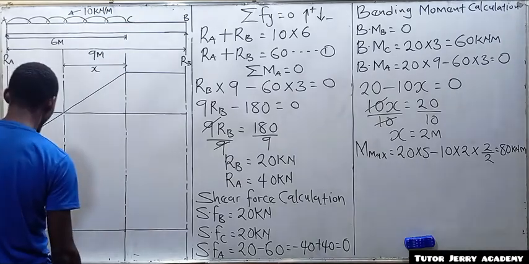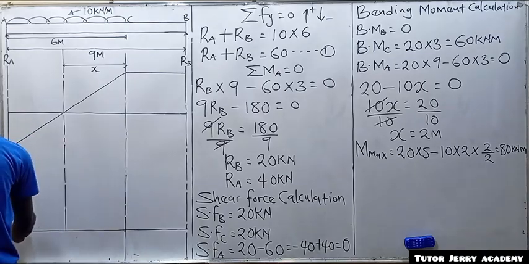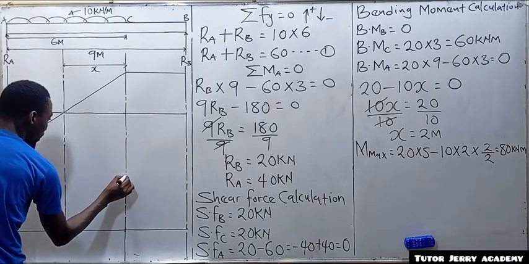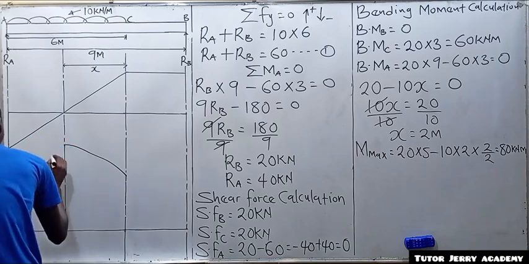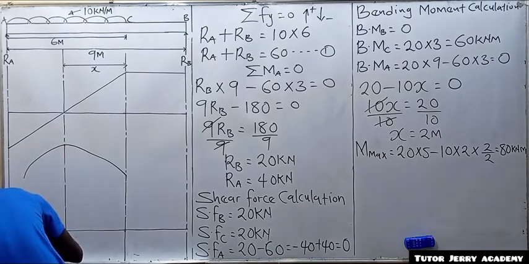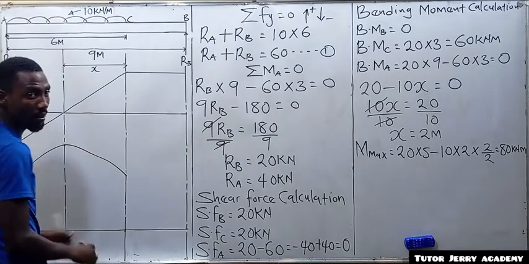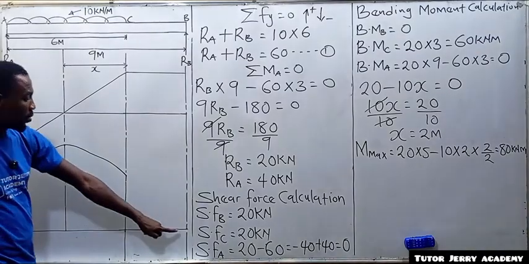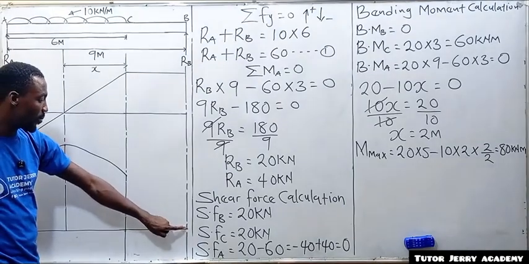So we are going to be using a parabolic curve to join this curve and to join this other one. So let's join this first, right? All right, so we are going to use our point load now, our inclined line, to join this point and this point.